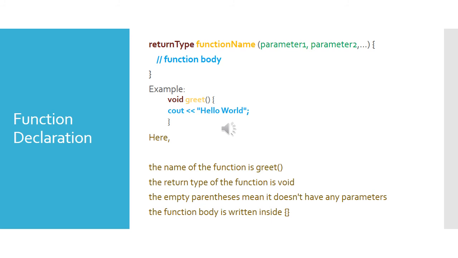Then it is followed by a set of brackets which comprises a set of parameters. It can have no parameters or more than one parameter, based on the type of function it is. The function comprises a set of statements which is enclosed in a set of curly braces.